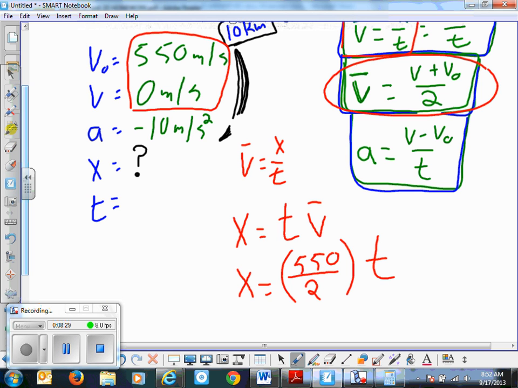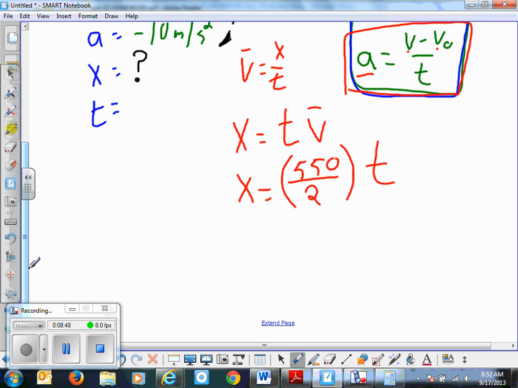So what I need to do is find another situation that'll give us a time with the variables that we have. Which formula do you think would work here? Acceleration, right? Because we have acceleration, we have these 2 velocities. Now we just have to use this formula, solve for time. Okay, so I'll do that right over here.